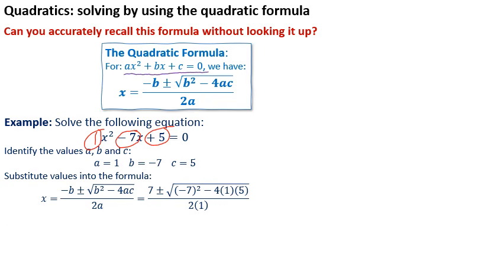And once you simplify and sort it all out, you should have 7 plus or minus root 29 all over 2. If that looks familiar, it's because it's the same quadratic I asked you to solve on the previous slide. The only difference is this time, instead of completing the square, we just substituted values into the formula. Honestly, it's not necessarily that much quicker, especially when you get fluent with completing the square.